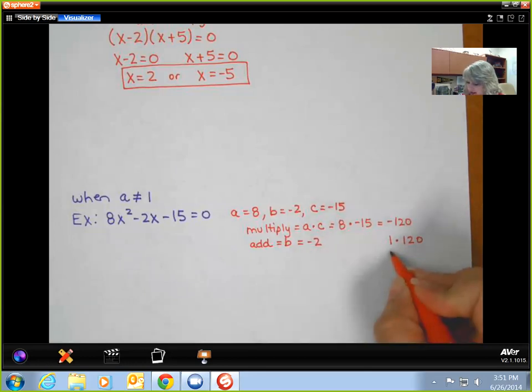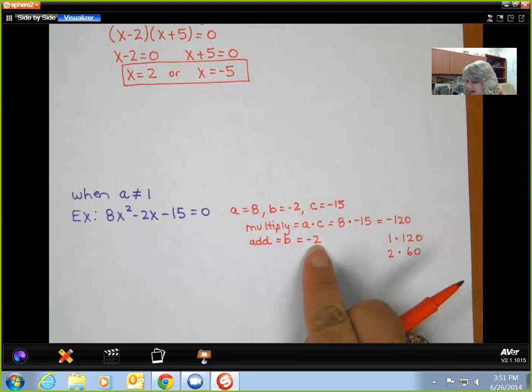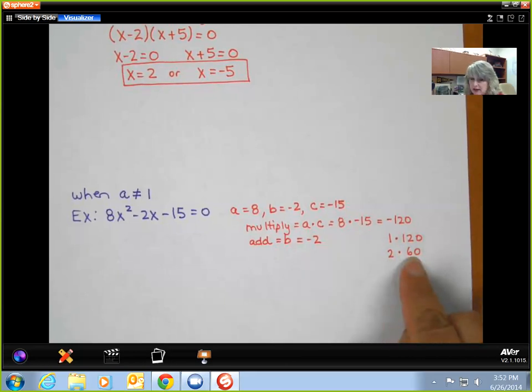We could say negative 120 is the same thing as 2 times 60, where one's positive and one's negative, and the bigger one would have to be negative for us to wind up with a negative value. So that's not it. 2 and negative 60 is not negative 2. 3 and negative 40 is not negative 2 when you add them.